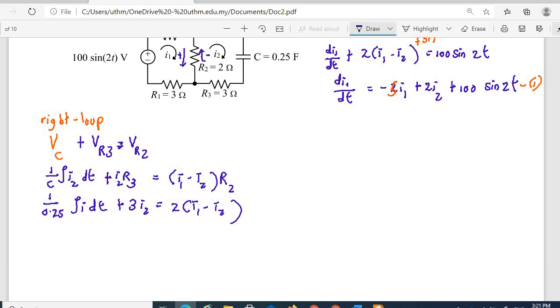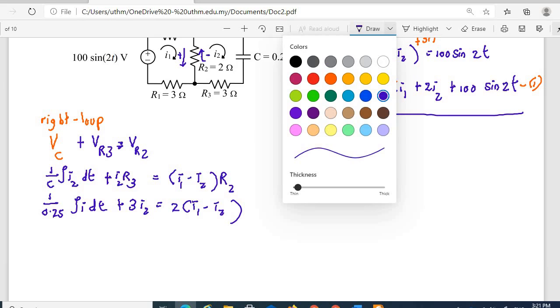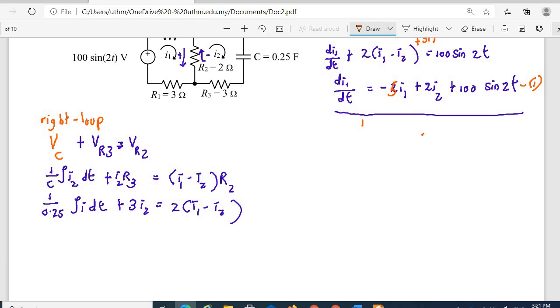1 over 0.25 is actually 1 over 1 over 4, which becomes 4. So you have 4 integral I dt plus 3 I2 equal to 2 times (I1 minus I2).